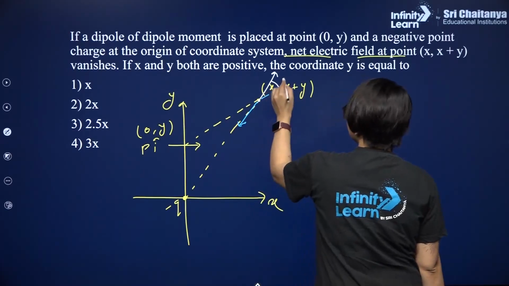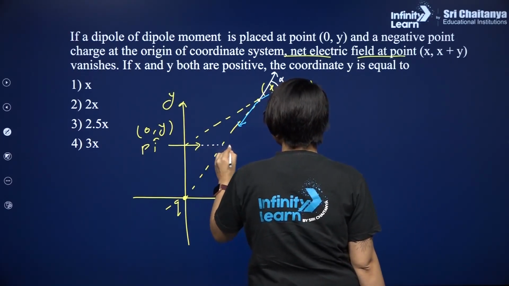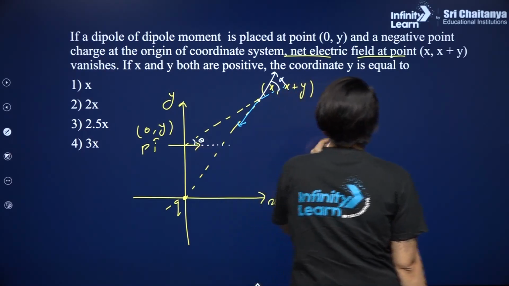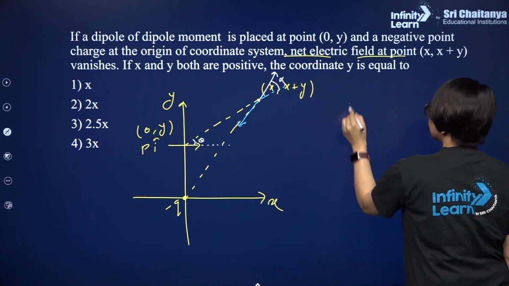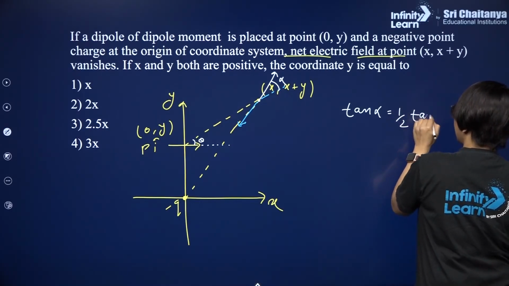So if this angle is alpha and this angle over here is theta, then tan alpha is half of tan theta, right?